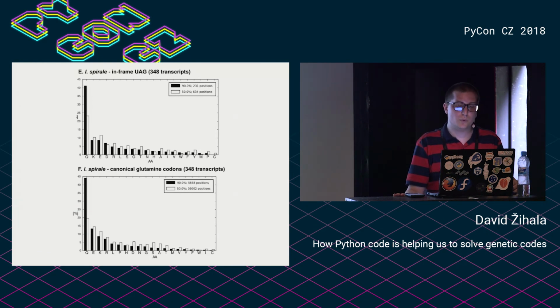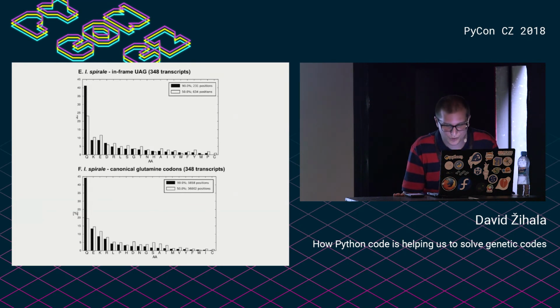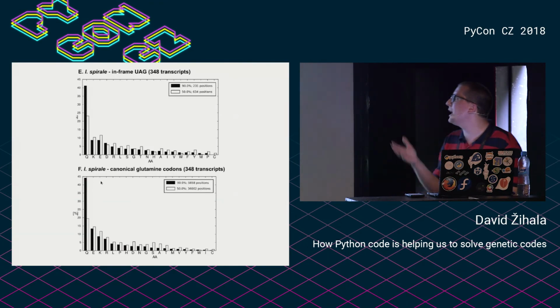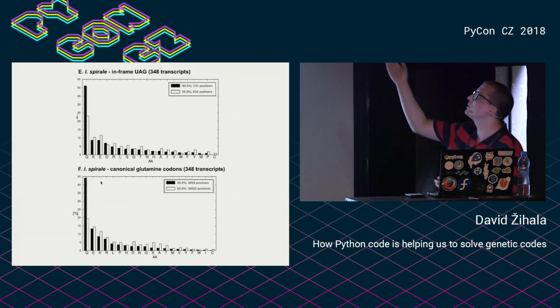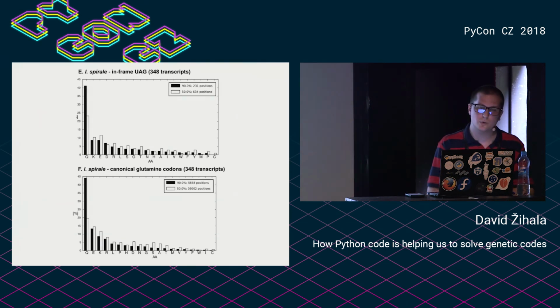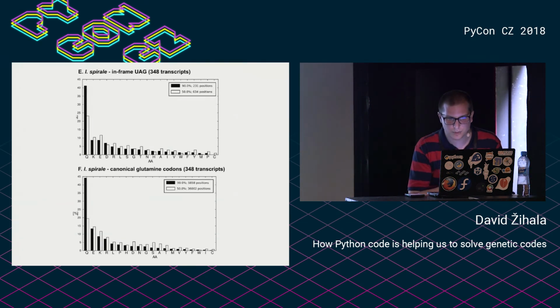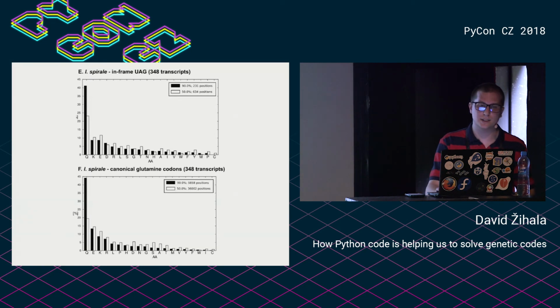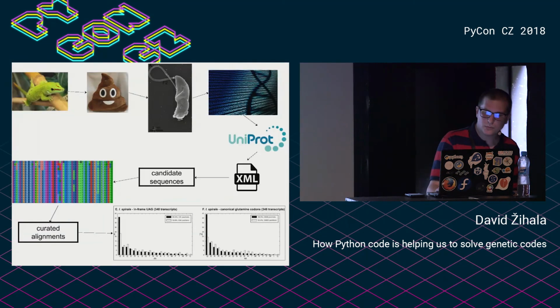So we checked how canonical glutamine codons actually behave in this organism. And we found that the pattern is very similar to those positions from the UAG stop codon. So we conclude that our organism is using UAG as glutamine, while UAA is kept as a stop codon. And we checked that it kept UAA as a stop codon.